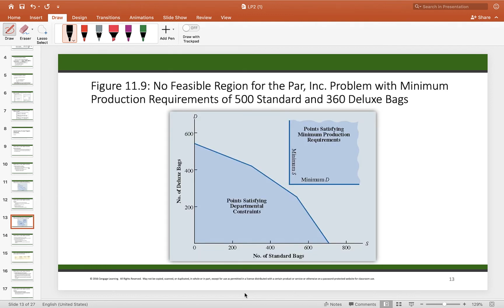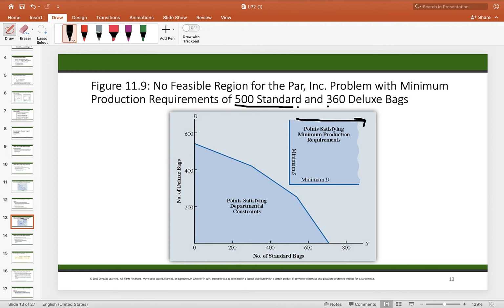So for the example we're looking at on the golf bags, if we add in 2 additional constraints, one of them is that the minimum amount of standard bags you want to make is 500. So the standard bags are along here. You want a minimum of 500. So that's going to give you that.